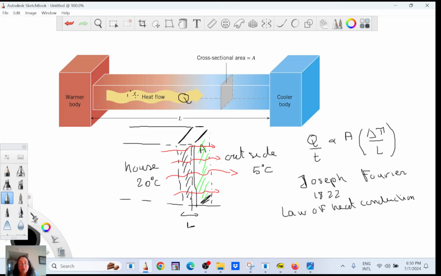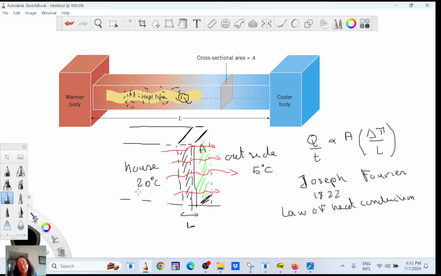And this is all because those little molecules are moving really fast and they are passing on their kinetic energy to the next one that will pass on to the next one and so forth. So that rate at which the energy is leaving depends on the gradient.